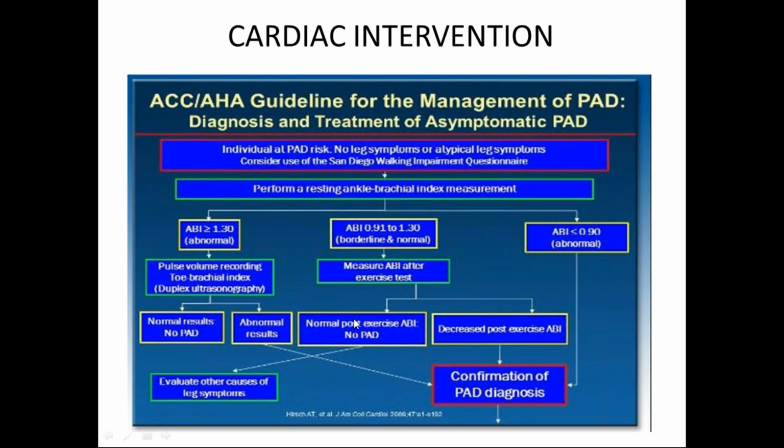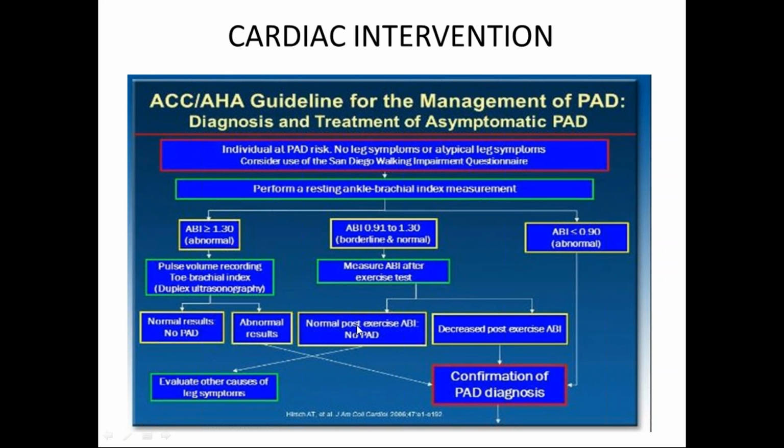So if the stress test is normal, that is, no drop in post exercise ABI, then it's no PAD. What you're going to do is exercise the patient, then do the ABI. If they have significant obstruction, then the ABI is going to be much less than 1.